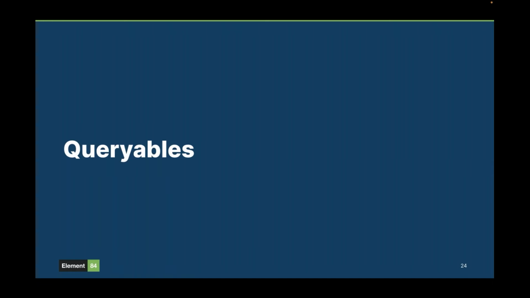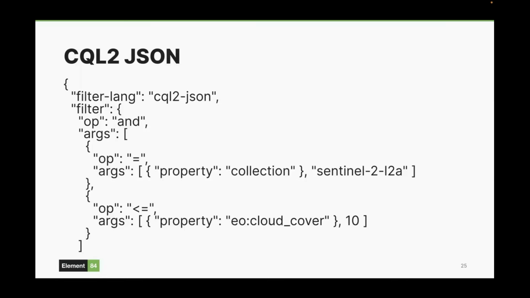And so Queryables is this really great mechanism that explicitly defines what terms, what properties can be used in a query. So, for example, here I use collection, and I use a property called eo:cloud_cover.